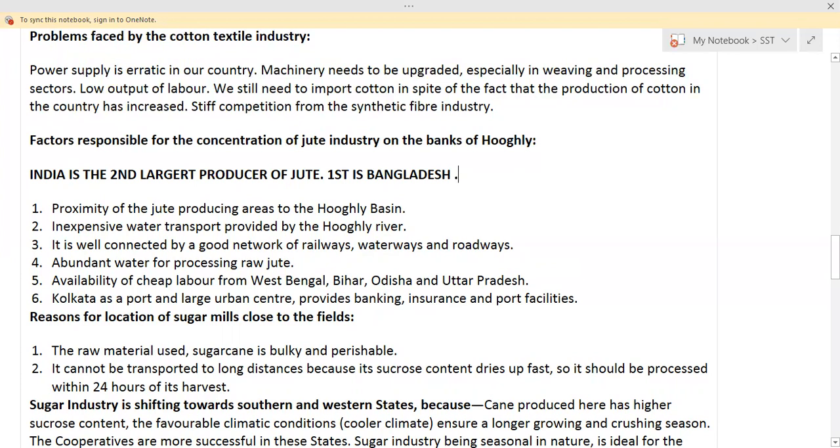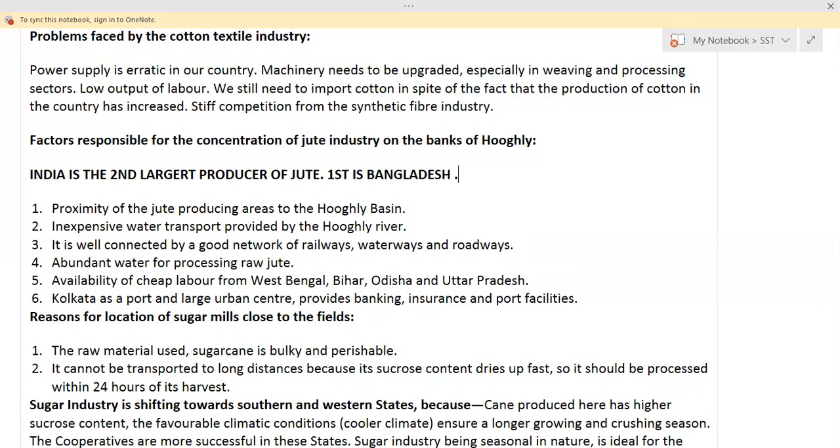After independence, when Bangladesh was separated from India, the part which produced the very best jute was given to Bangladesh, as they demanded it. So today it is the largest producer of jute.